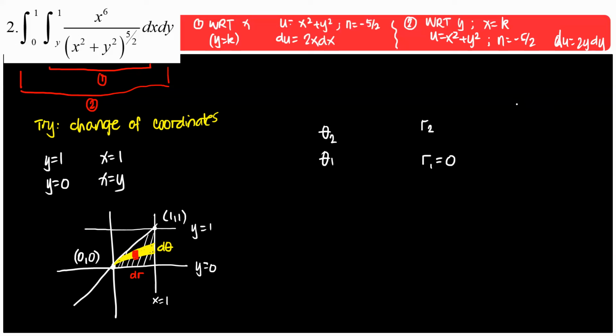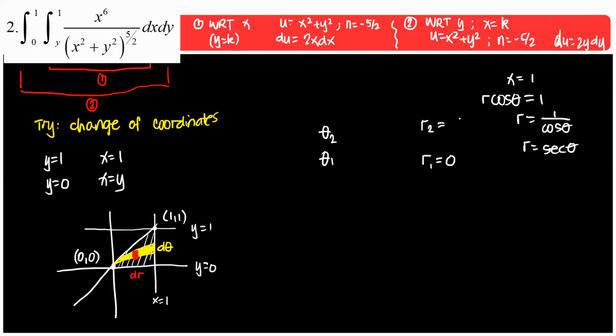So what is x, guys? X equals 1 is actually, isn't it that x is r cosine theta? Therefore, r is 1 over cosine theta. Therefore, r is equal to secant theta.